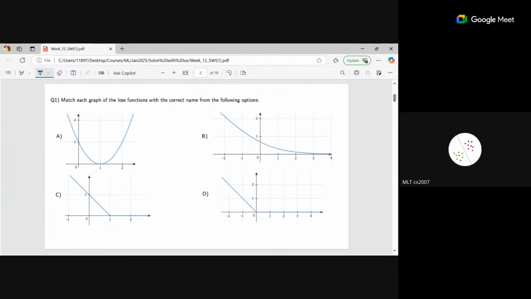This is a very straightforward question. I think in week 12 there is not much that is being discussed, so we'll go through some of the questions that we have for week 12.